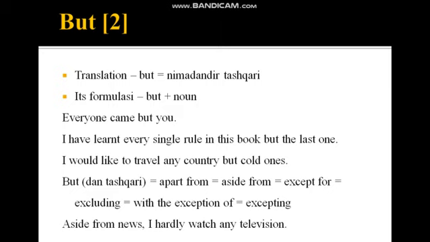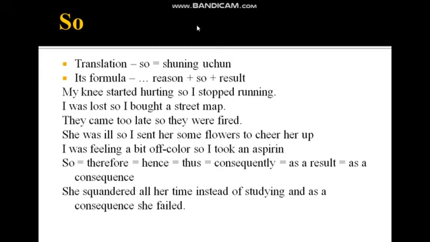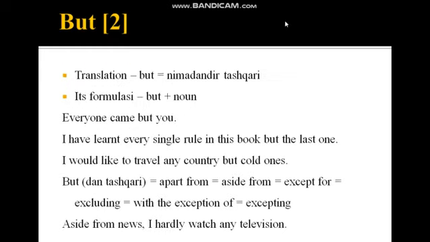We said everyone came but you, which means you didn't come, everyone else came. And the next sentence is: I've learned every single rule in this book but the last one. Which means apart from the last one, I've learned every single rule in this book.